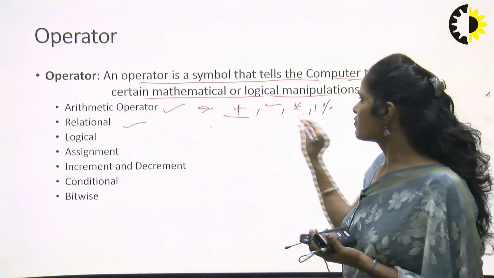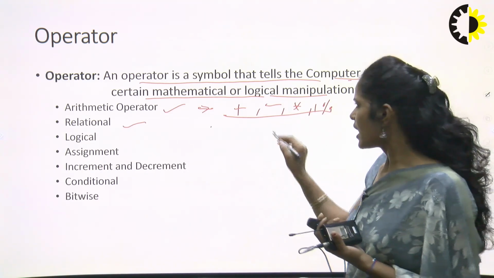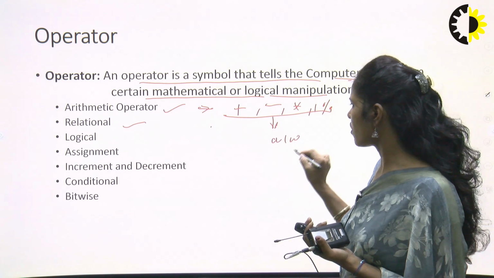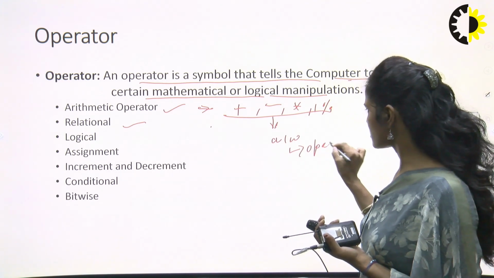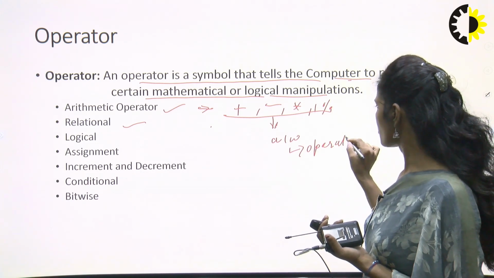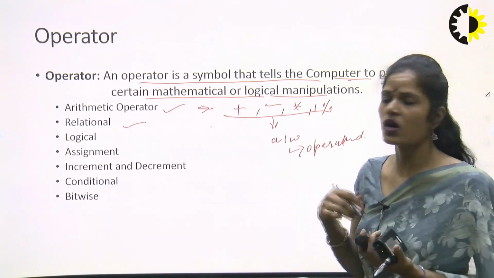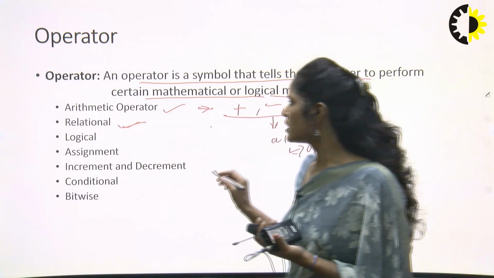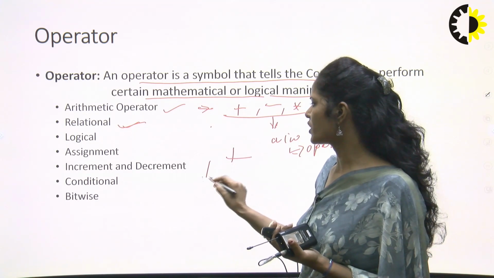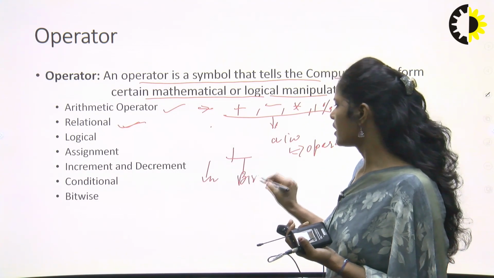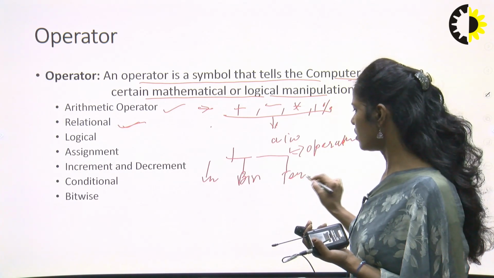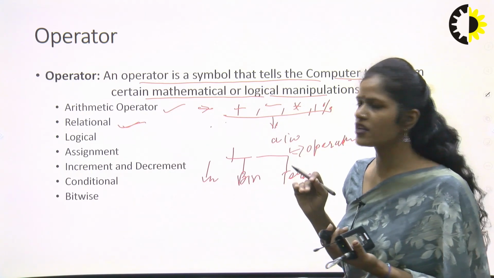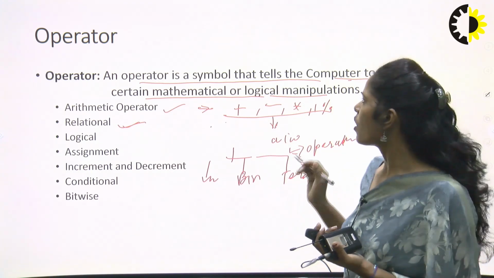Operators are always performed on operands, and operands are nothing but variables. There are categories of operators like unary, binary and ternary operators. The actual implementation of the operators depends on the operands, right?